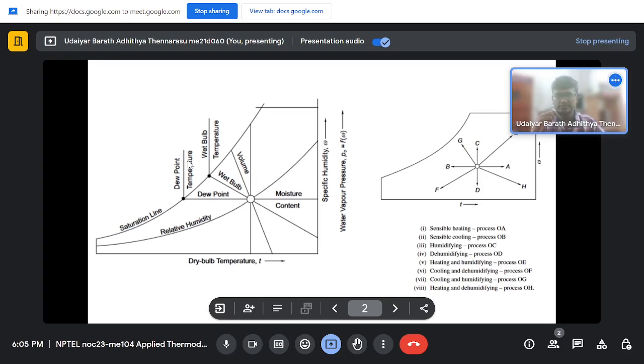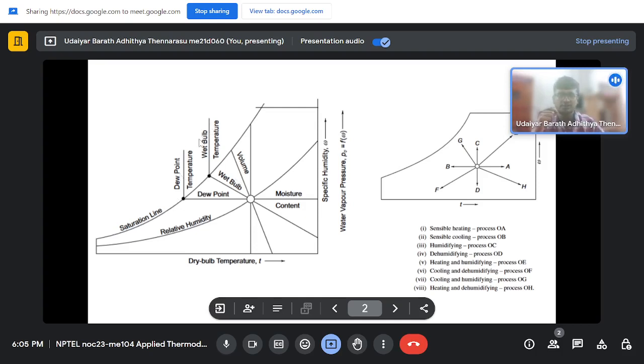And on the saturation line lies the dew point temperature. If the temperature reaches this point, it is in saturated condition and water can condense. If you cool to this temperature, the water in the air can condense. That is your dew point temperature.